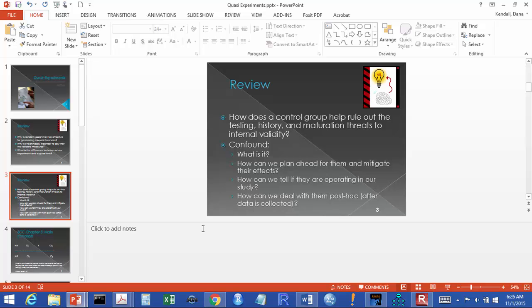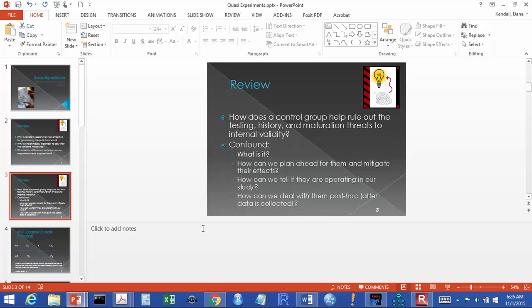How do we deal with them post hoc? If you can't do random assignment, what you can do is collect the variable that you believe is the confound, or two variables. So whatever you think is causing the effect that is mimicking an intervention effect, you could collect that variable and then statistically partial it out after the fact.